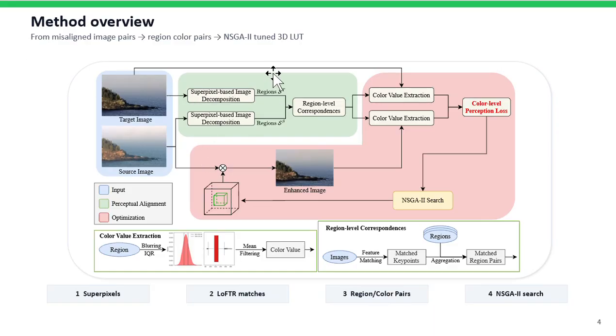And this is the end-to-end flow from the misaligned image pairs to the region level correspondences, and then color level correspondences, and then the perceptual losses, and then the NSGA search, then we get the tuned 3D LUT.